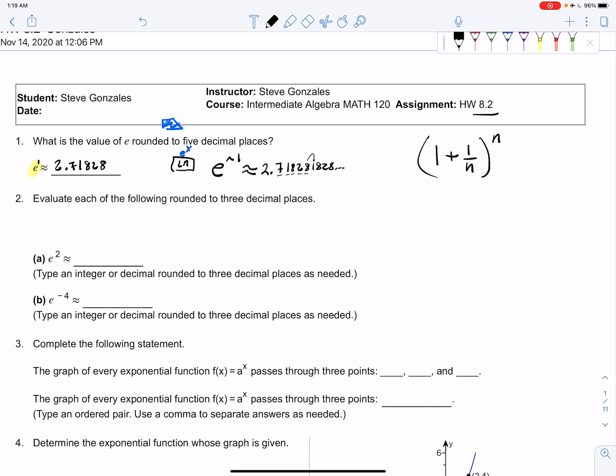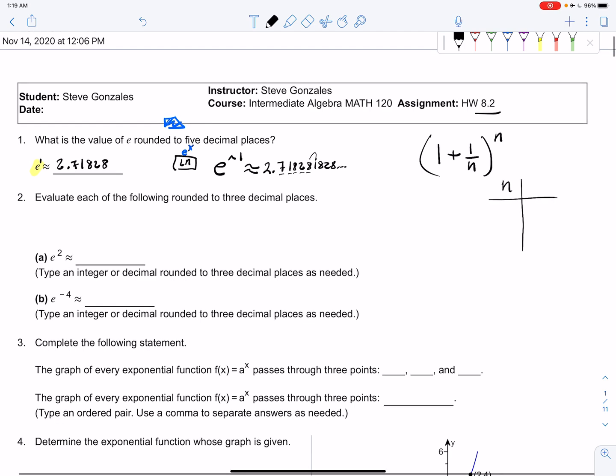If you keep putting larger numbers for n into that expression, and this takes a little while, but if you start at n equals 1, what happens? You get 1 plus 1 raised to the 1 power.